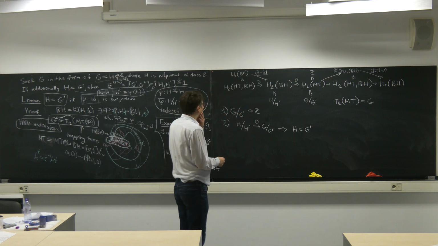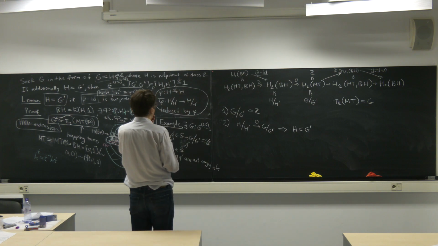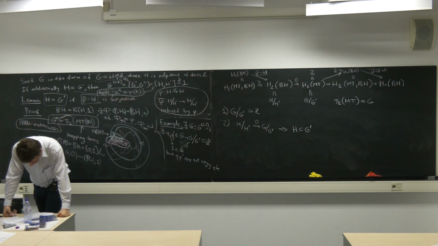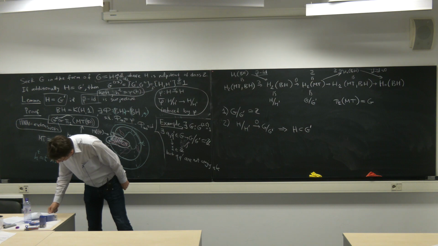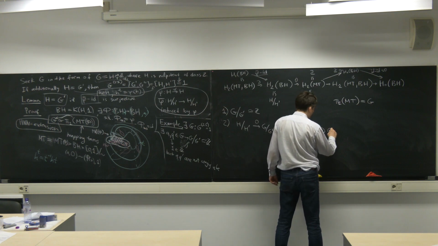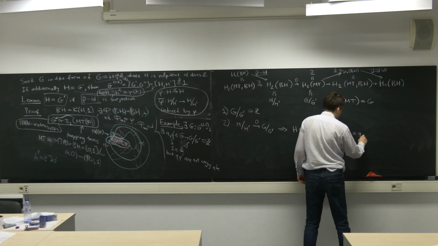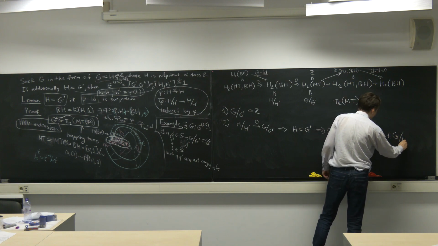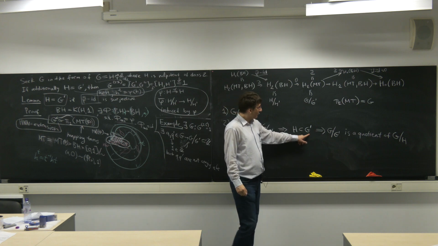And also we get from this that G modulo G prime is a quotient of G modulo H, because H lies in G prime.